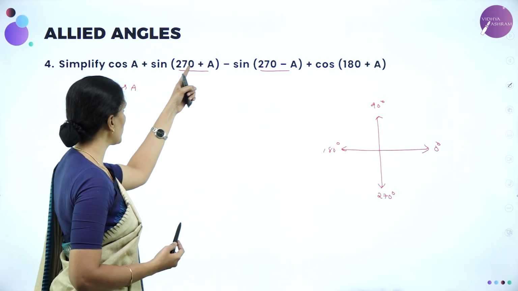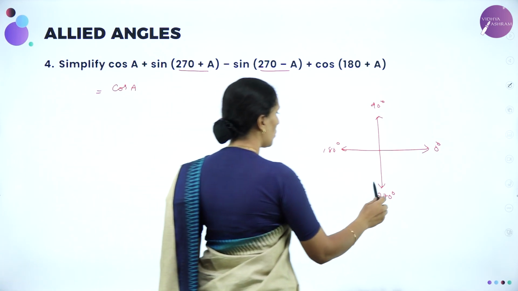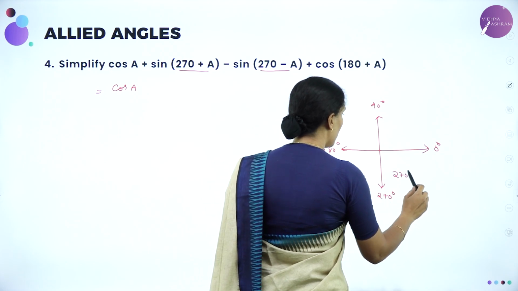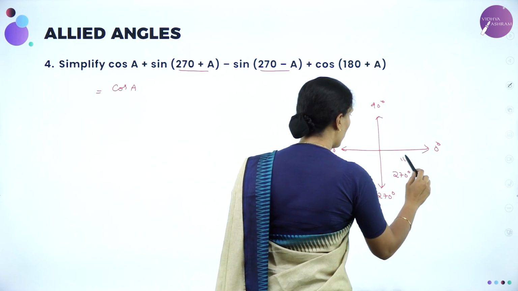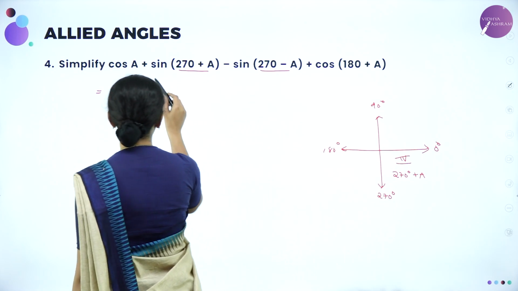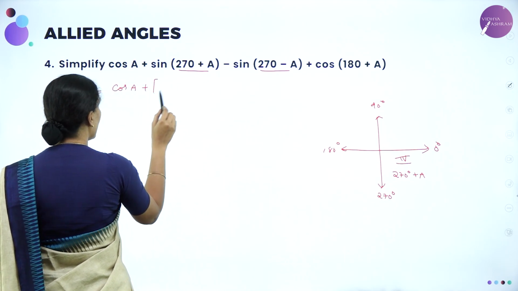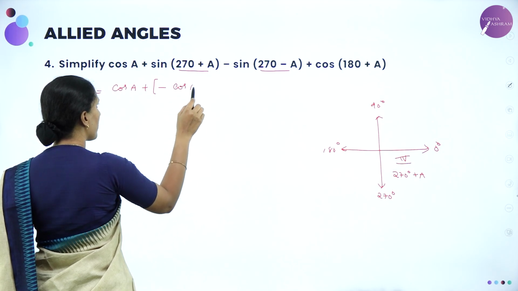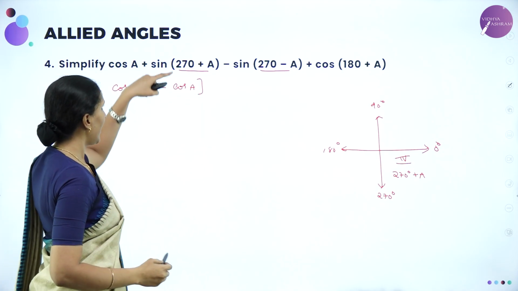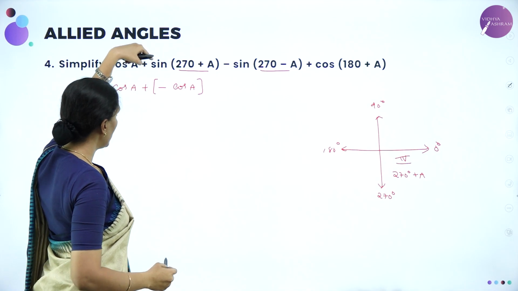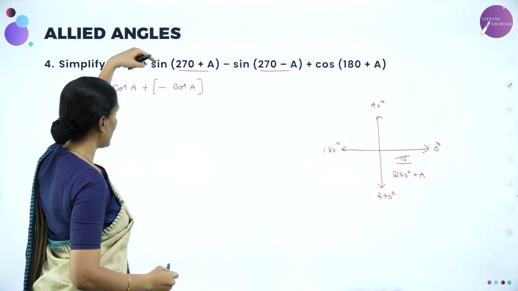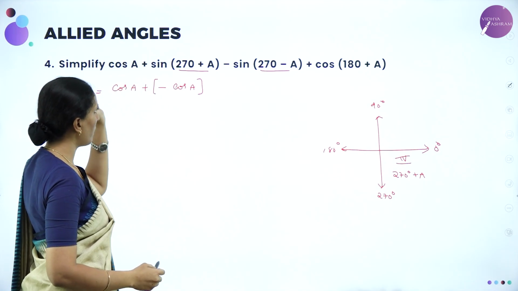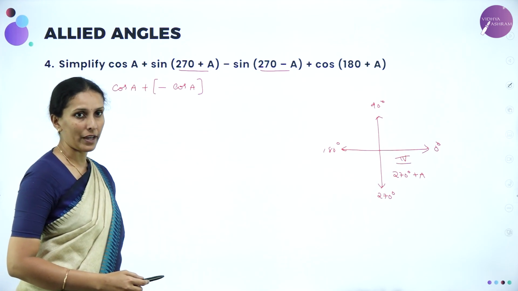Now sin(270 plus A) means it comes in the fourth quadrant, and in the fourth quadrant the sine function is negative. So this becomes minus cos A. Because when you are taking the relation with 270, sine should change to cos. That means a function should change to cofunction, and the sign may also vary.